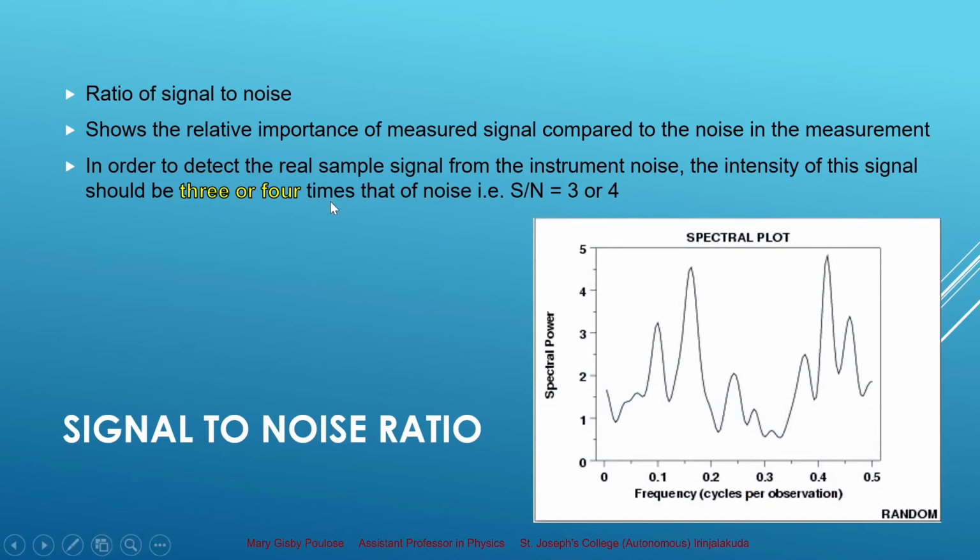In this plot, we can see that the baseline is almost in this line. It is nearer to 0.5, the spectral power. And from there we see a lot of peaks. But it is hard to identify which peak is relevant to the signal. Here we have this larger peak. We can understand that it may be significant.